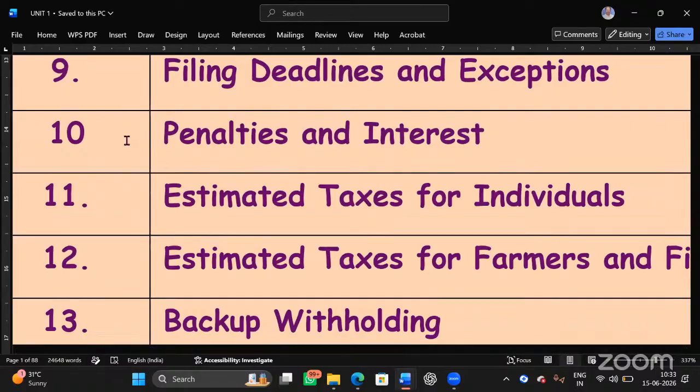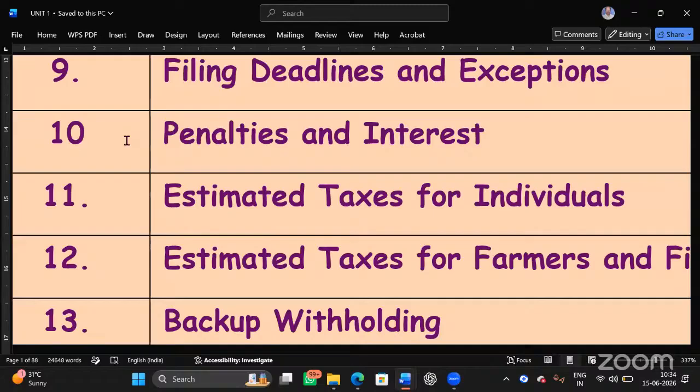Now coming to the 11th subtopic, estimated tax. In the Indian context, it is nothing but advance tax. Suppose income is generated by the taxpayer in the year 2025. The tax amount is to be paid in the next year, that is, in the year 2026.